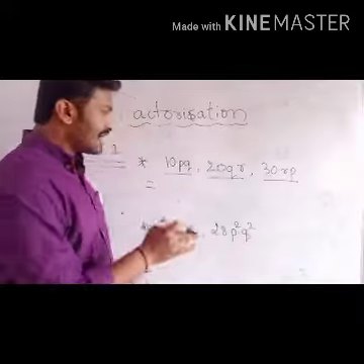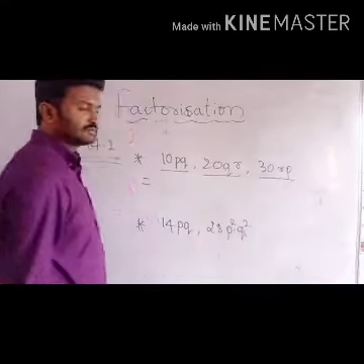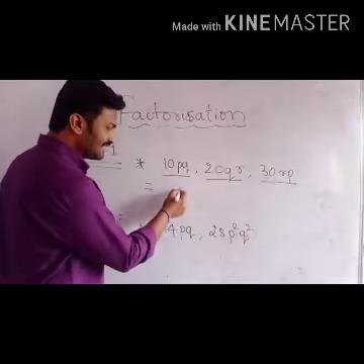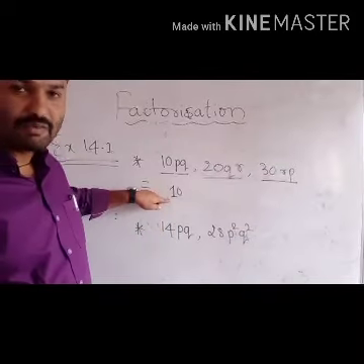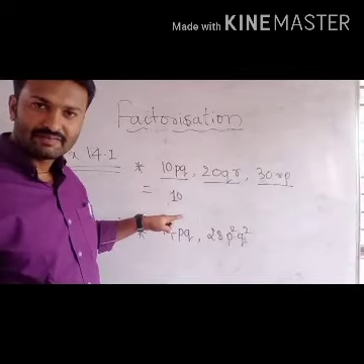Now we'll concentrate on numericals: 10, 20, 30 are all divisible by the 10 table. Then 10 is a common factor. This is the answer. Very simple.